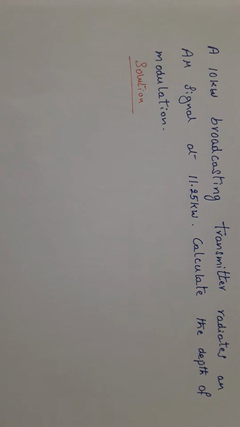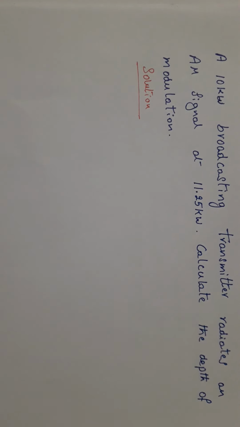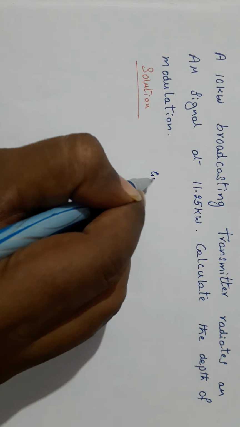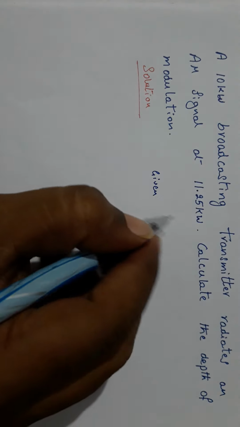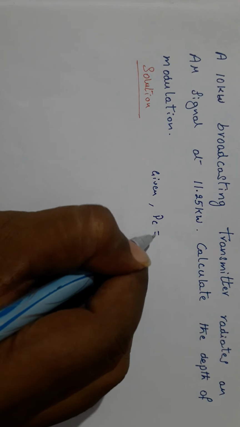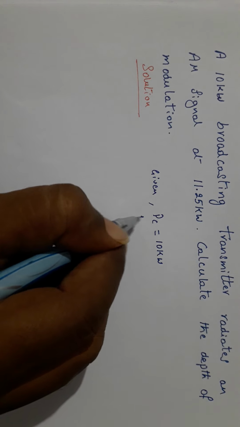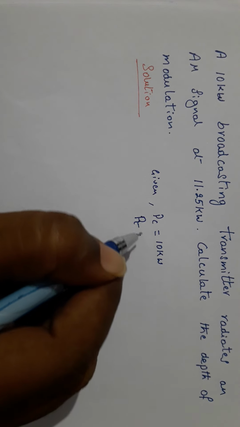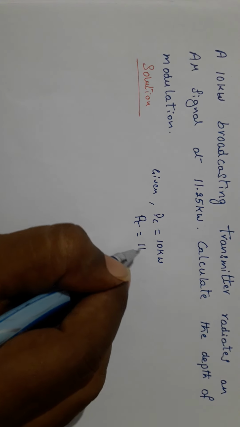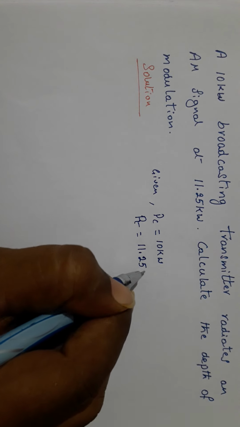Next problem. A 10 kilowatt broadcasting transmitter radiates an AM signal at 11.25 kilowatt. Calculate the depth of modulation. Given Pc equals 10 kilowatt and Pt, the total power, equals 11.25 kilowatt.